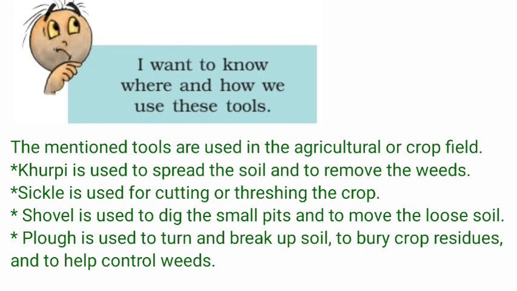So these are a brief idea on the usage of the four tools: kurpi for removal of unwanted plants, sickle for cutting, shovel for digging small pits and moving loose soil, plow for breaking up the soil and burying crop residues.